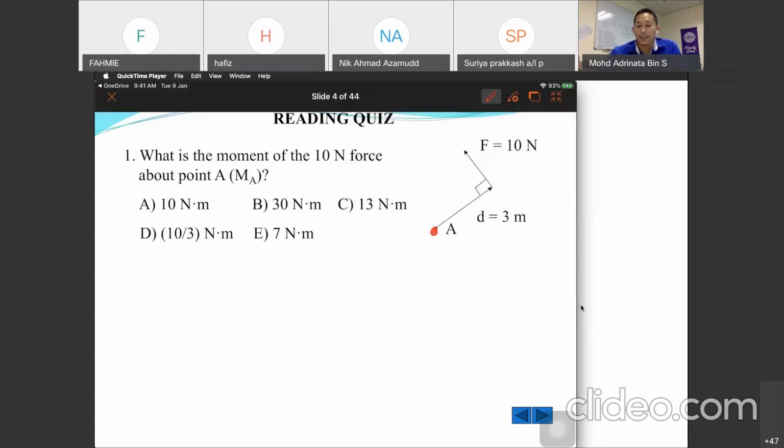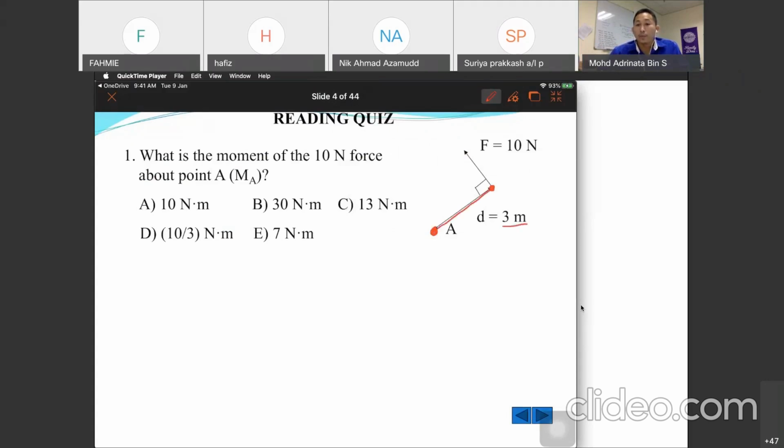We name it as A, and we have a force far away from our point of action, and we have a distance from our point to the point of the force. Okay, so we have the distance, and the distance is 3 meters.